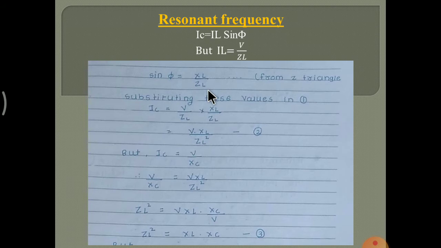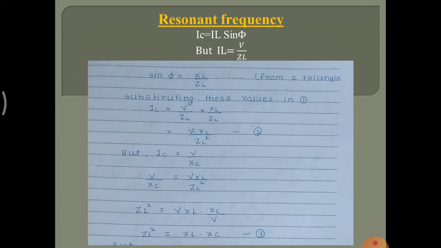To find the resonant frequency, first the equation, which we get from the phasor diagram, is IC is equal to IL sin phi, but IL is equal to V upon ZL.